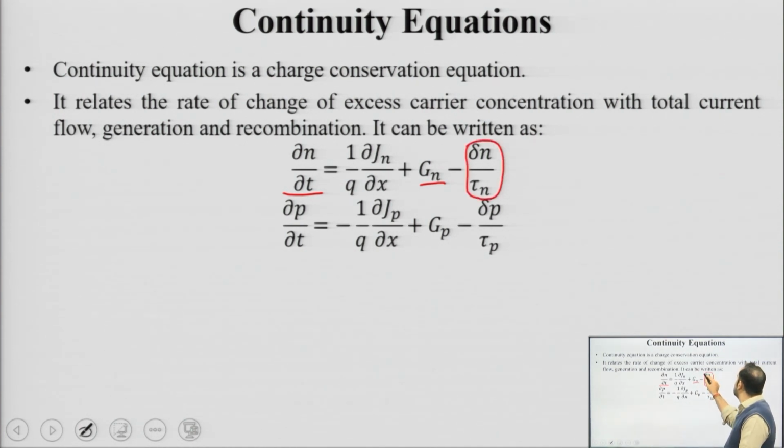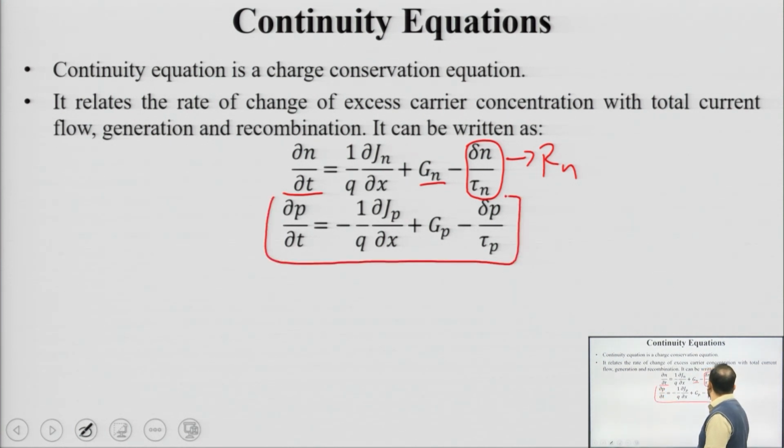This is the rate of recombination: excess carrier concentration divided by the lifetime of excess charge carriers. Similarly, for holes we can write the same equation.